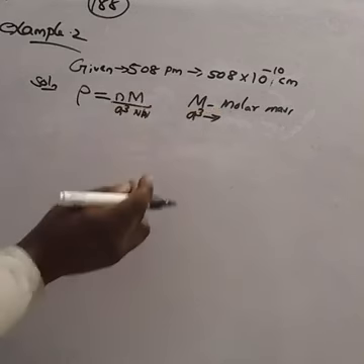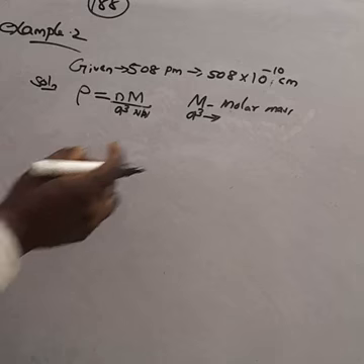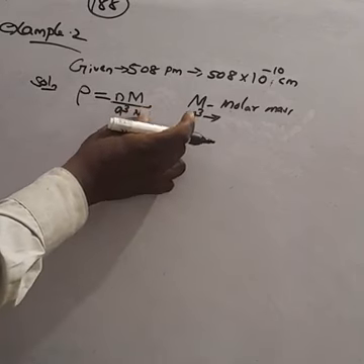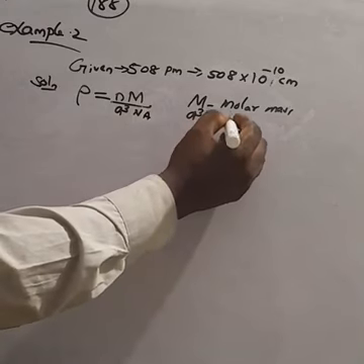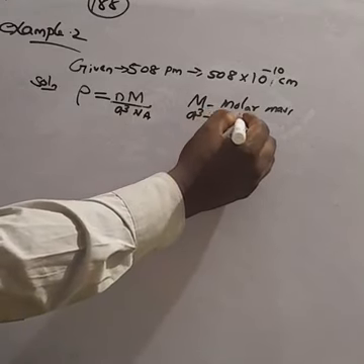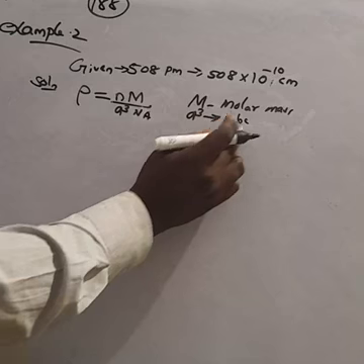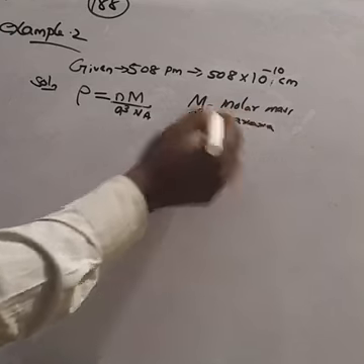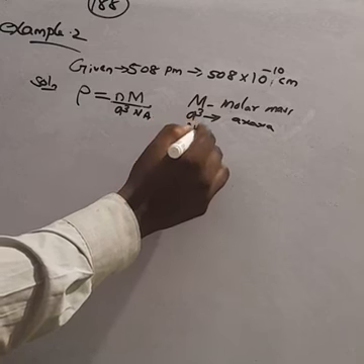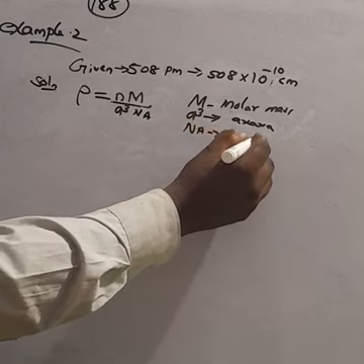we know that the cube means three edges, a into a into a, the edge length. NA means Avogadro number. First, I want to find the n value.